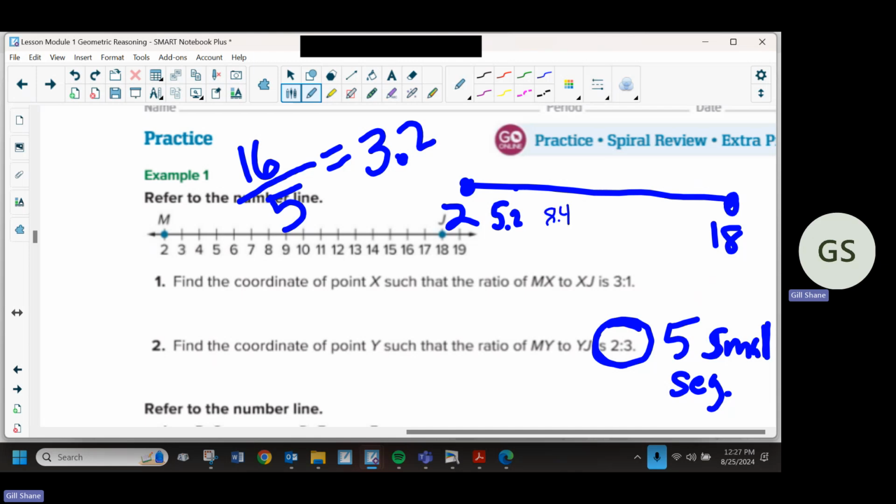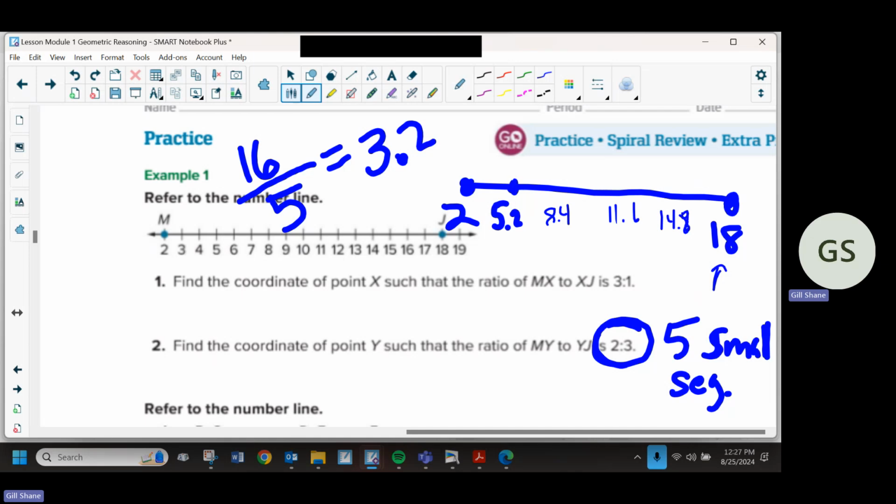If I add 3.2 again, that's 11.6. If I add 3.2 again, that would be 14.8. And then if I add 3.2 again, that's 18. And then if I add 3.2 again, I would fall right on 18.